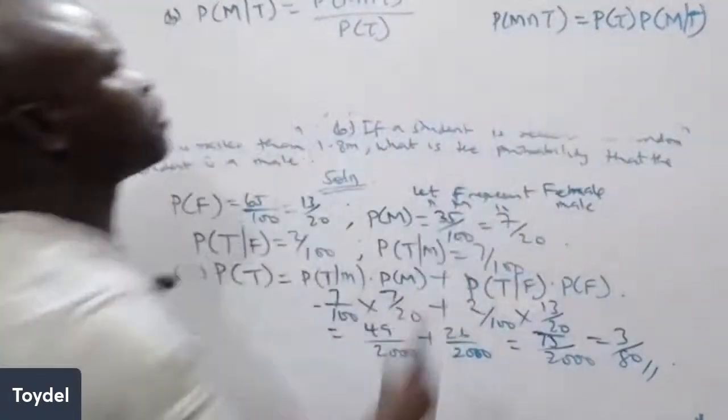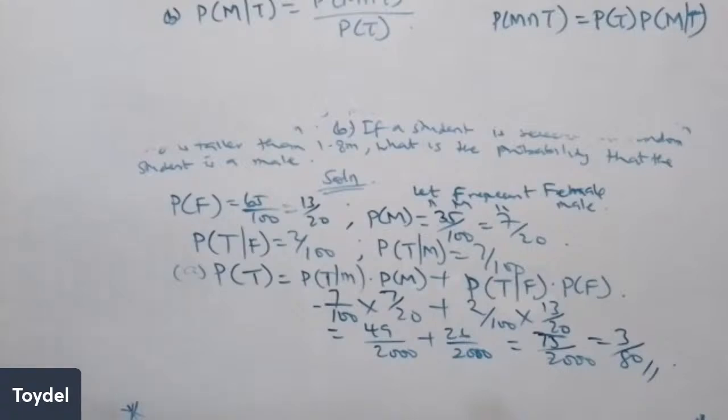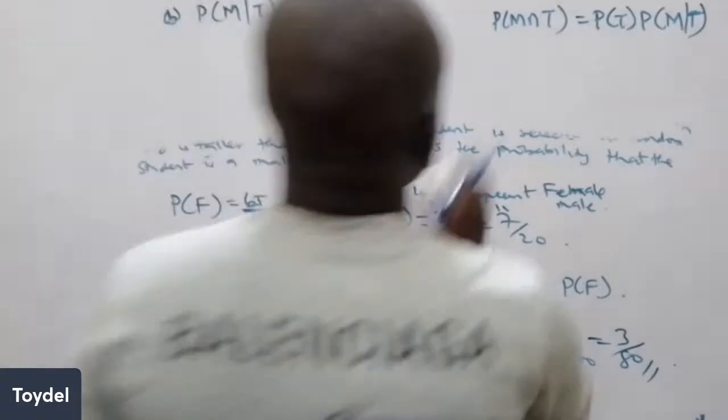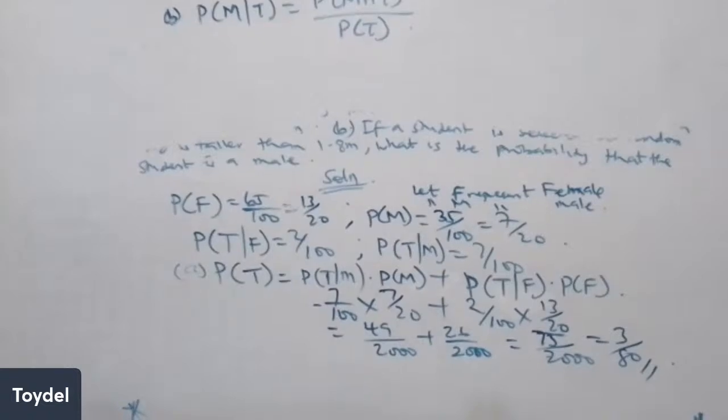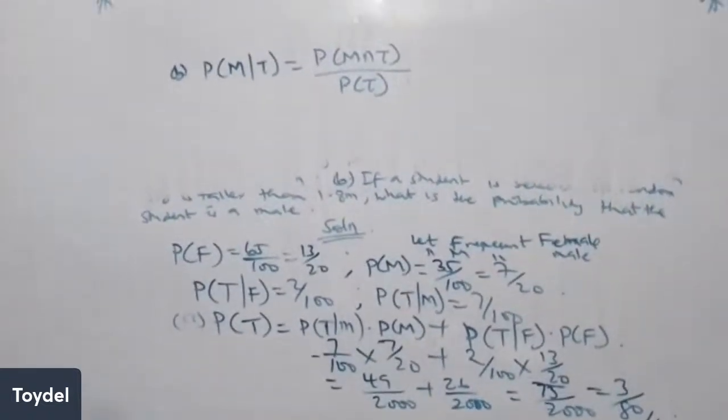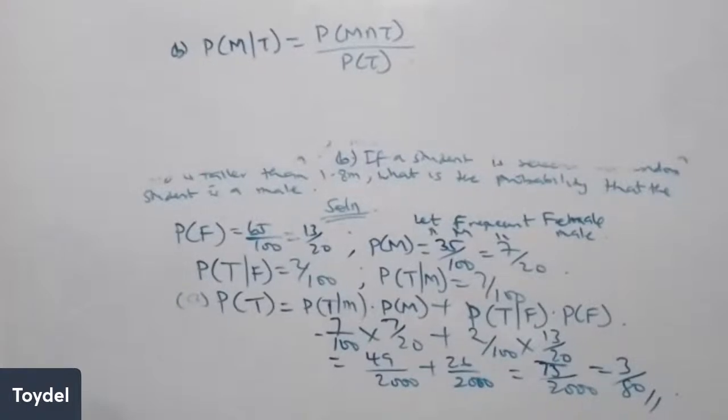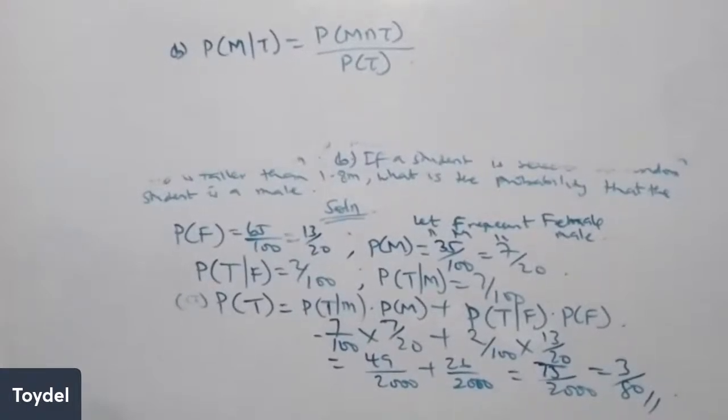That is the expression under conditional probability. But now, if you make the conditional probability the summative formula, that's the expression that we're going to have there.